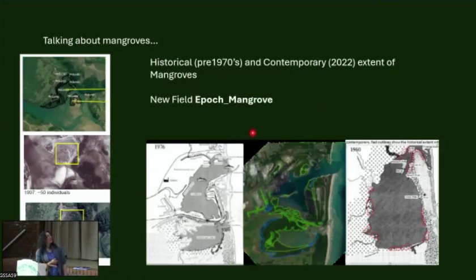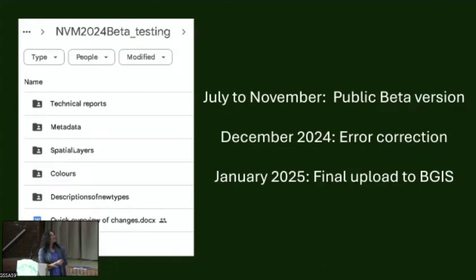But what you'll find in the veg map is this new field called the epoch mangrove, and you'll see classes for contemporary, which is where it is now, a class for historical, where it used to be, and then another class for where it has been persistent, so it will have both fields in there. So that's really cool. We'd like to do it for more ecosystem types if we have the data. So if you know of information, please let us know.